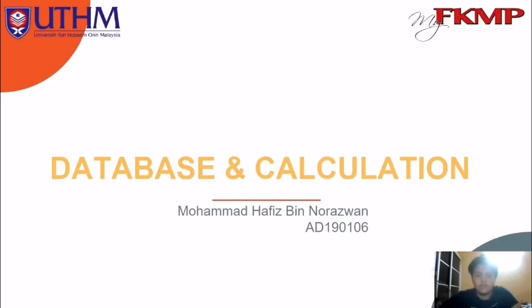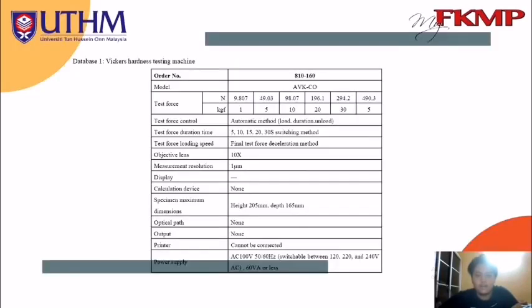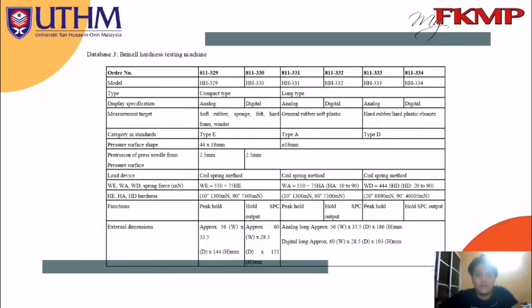My name is Hafiz bin Azwan, AD 190106, and now I will discuss about the database and the calculation. Okay, the first slide, we go to database 1, Vickers hardness testing machine, where hardness machines are divided into three: Vickers, Rockwell, and Brinell.